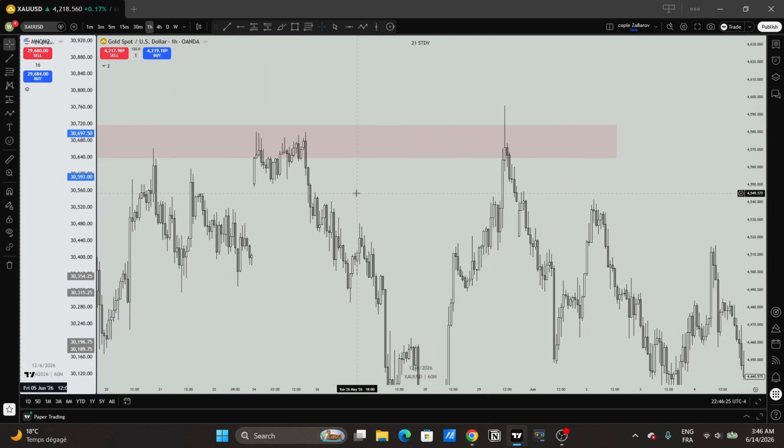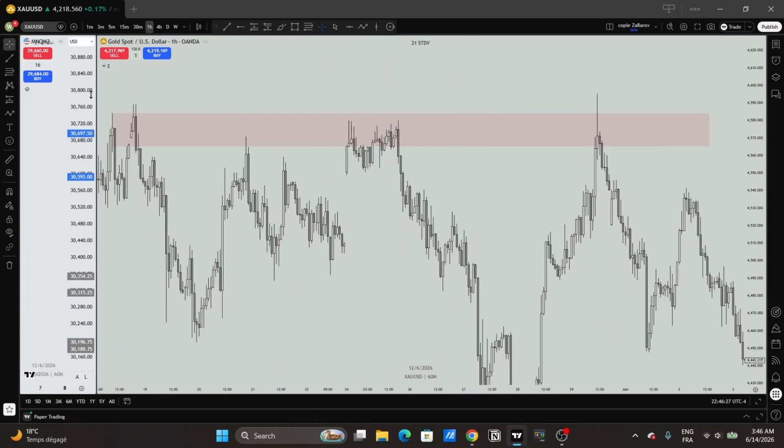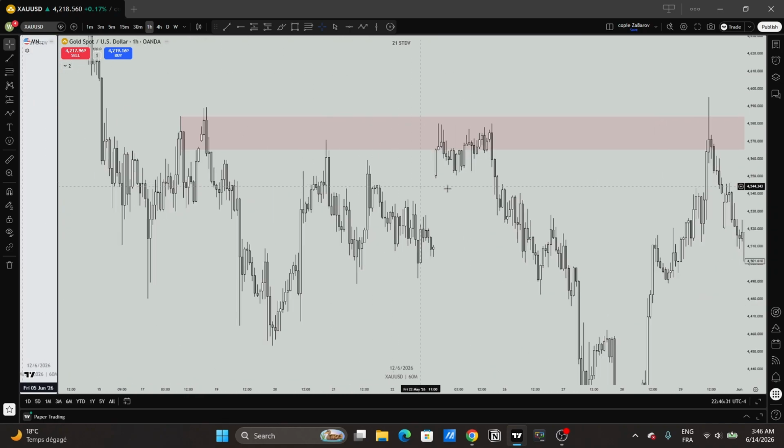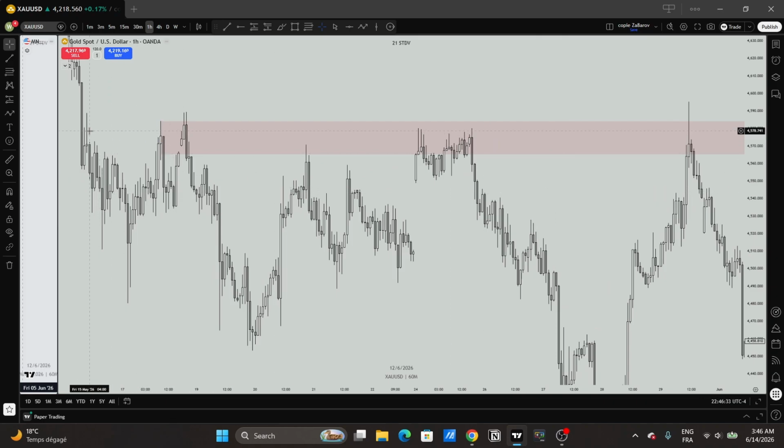a resistance level. I got here gold on the 1 hour time frame. As you can see here, the market, after making this new low here, went up and tapped into this level and gave this nice reaction, and then tapped the second time and gave this very strong reaction where it made a new low.